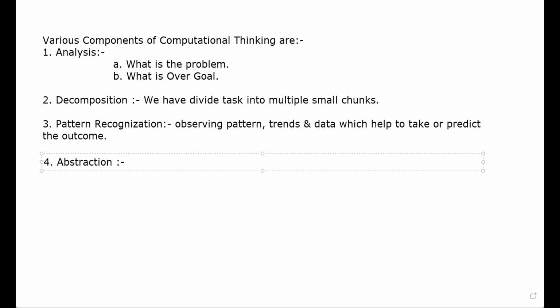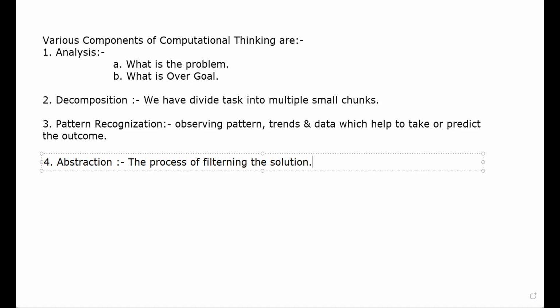What is abstraction? Abstraction क्या होता है बच्चों? Abstraction means the process of filtering the solution.